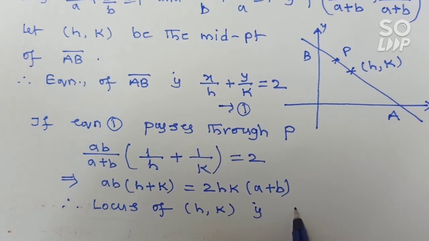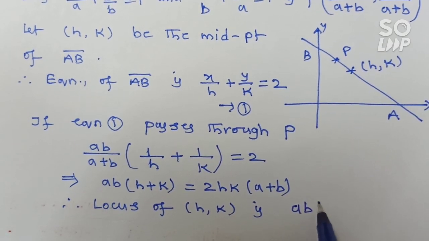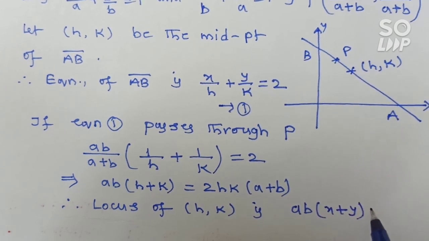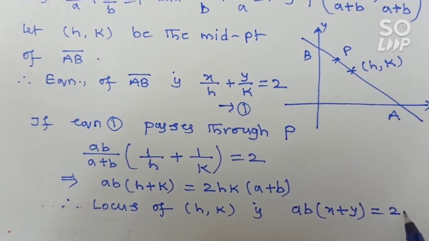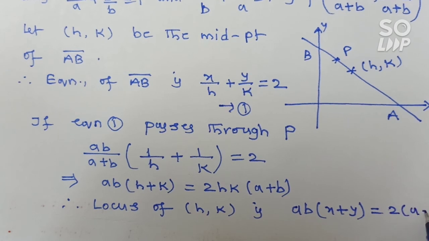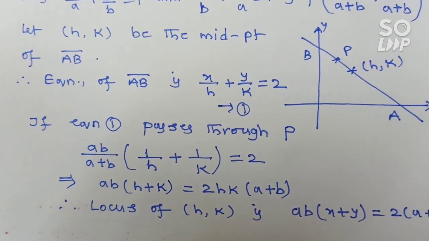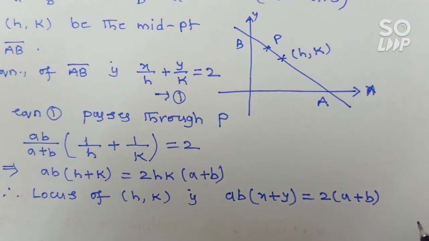So that is ab into x plus y is equal to 2 into a plus b into xy.